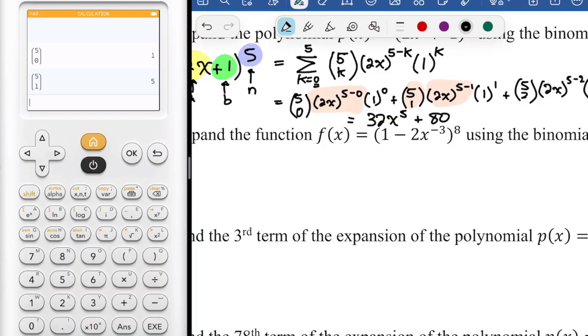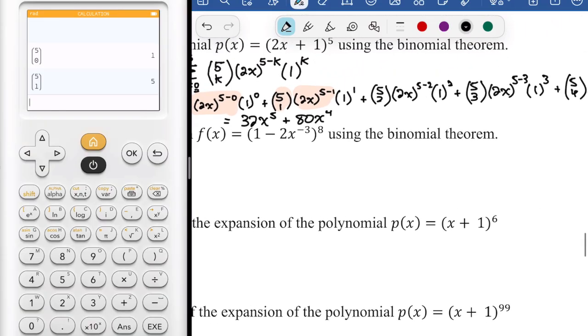So plus 80x to the 4th. Combination 5, 2, that's going to be equal to 10. All right. 2x to the 3rd power, raise the whole thing to the 3rd power is 8x cubed times 10, so plus 80x to the 3rd.